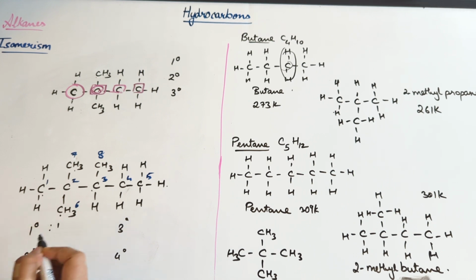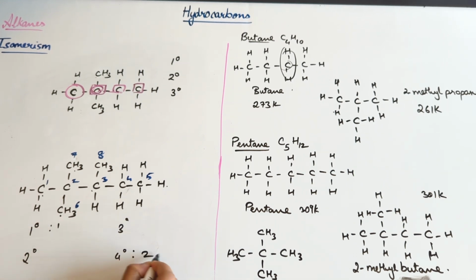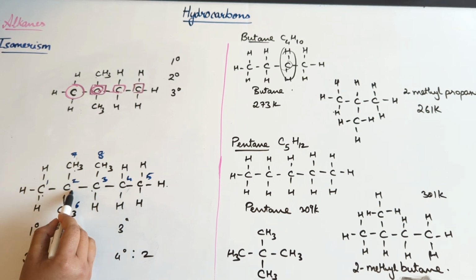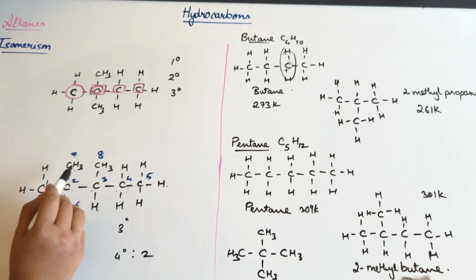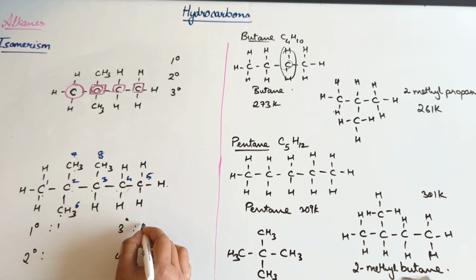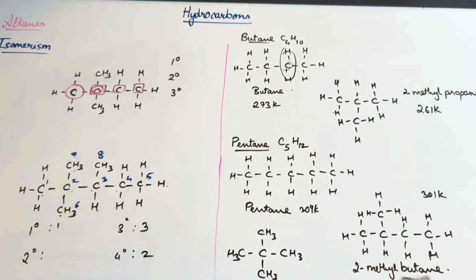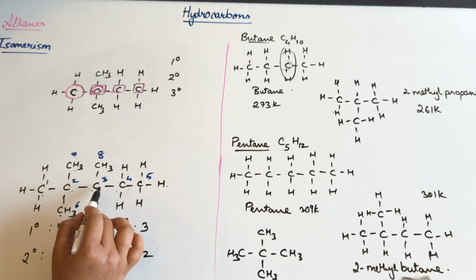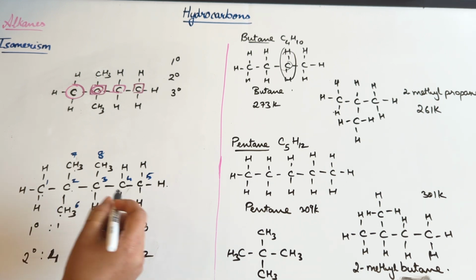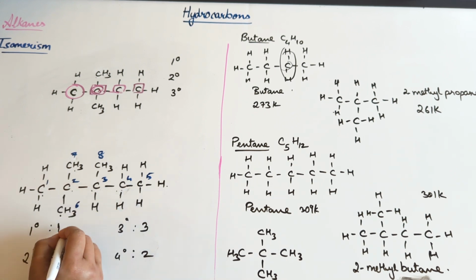We said the first carbon is primary, the second carbon is quaternary. Next, let's look at the third one. 1, 2, 3. It's only bound to 3 other carbon atoms, making it a tertiary carbon atom. The fourth carbon, 1 and 2. It's only bound to 2 other carbon atoms, making it a secondary carbon atom. Next, the fifth one is again going to be a primary because it is just bound to this one carbon atom.